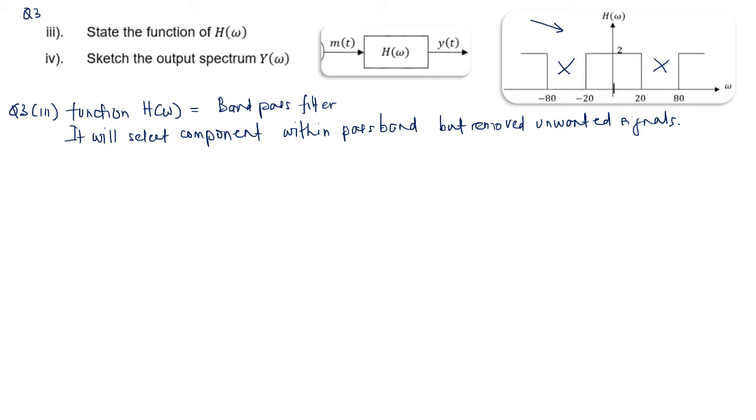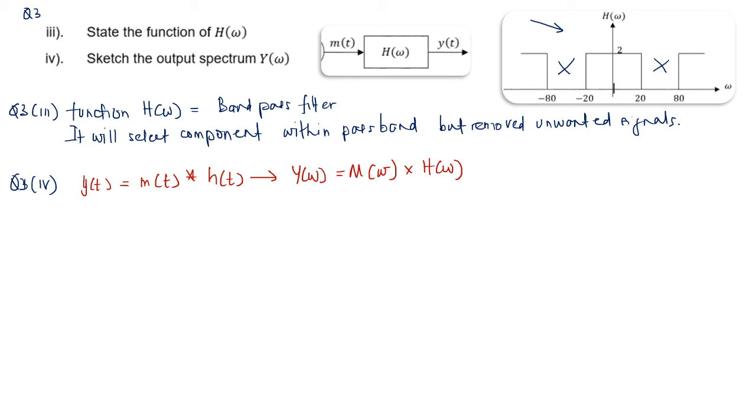Okay, so this is the function of H(omega) in this case. And then question 3 part 4. Sketch the output spectrum Y(omega). From the system, you know that y(t) equals m(t) convolved with h(t), the filter. So in this case, Y(omega) equals M(omega) multiplied with H(omega). The question asks you to sketch.